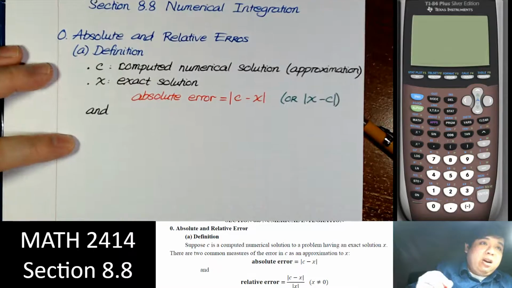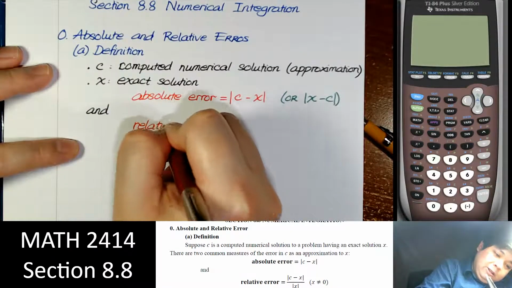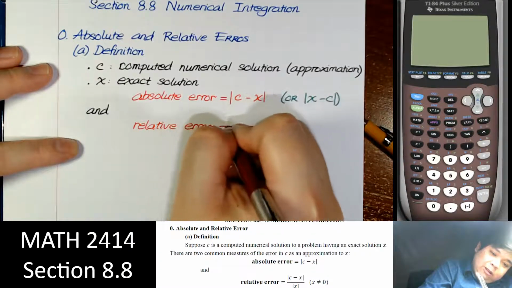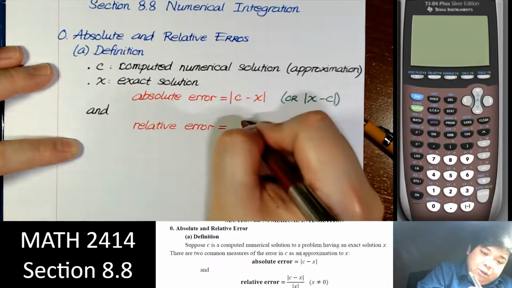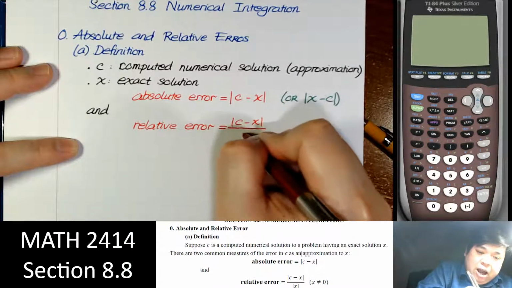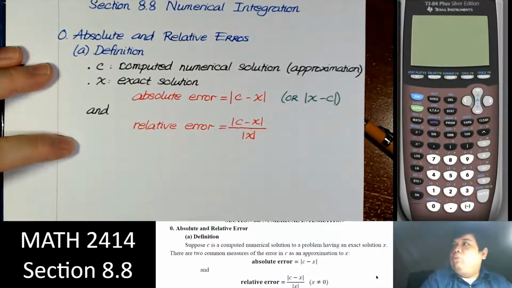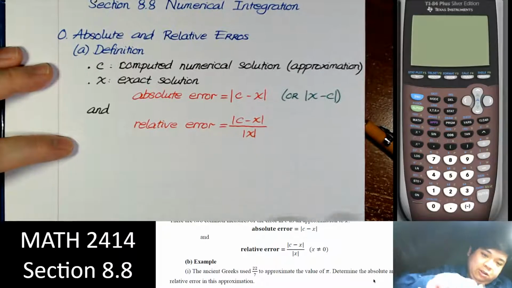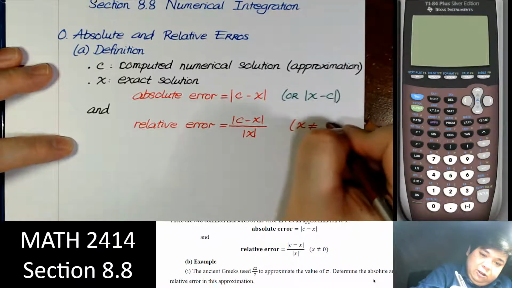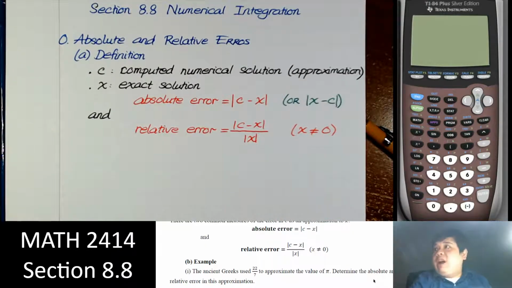And the relative error is going to be that absolute error divided by the absolute value of X, assuming that X is not equal to 0. Right. So we have absolute error and relative error.